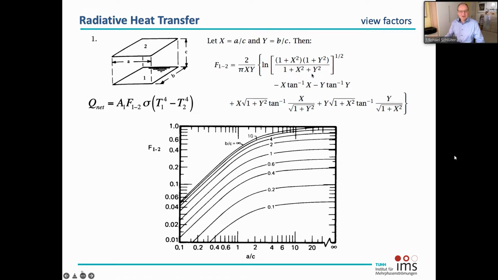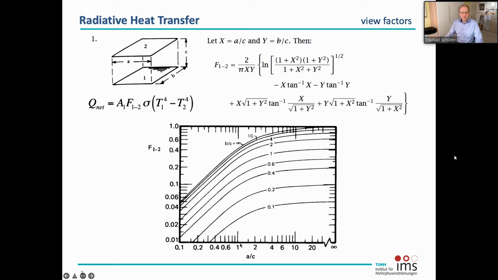And this shows you directly that it's not always so easy as I have shown you before with infinite plates or with these other examples. Usually, if you have more complicated geometries, then you have also more complicated equations to calculate the view factor. And this is why, on the one hand, you can calculate it with the equation. Here's the equation for this situation. Or you can look it up from a graph.